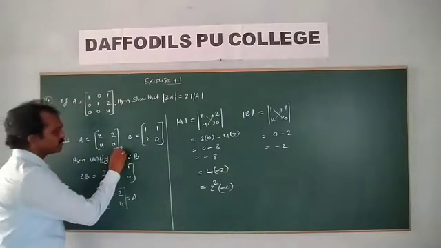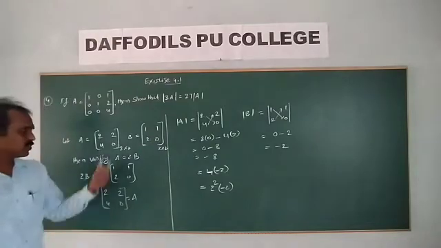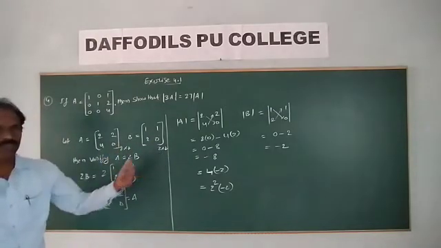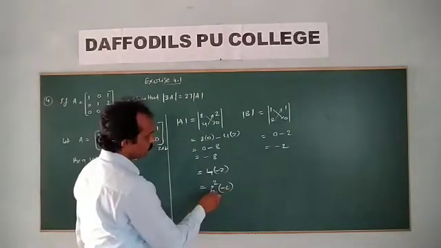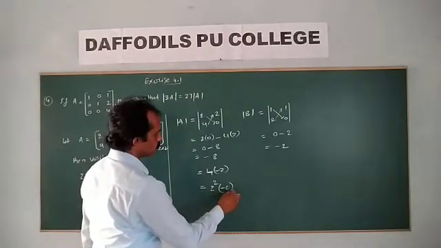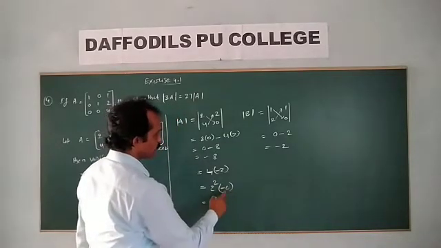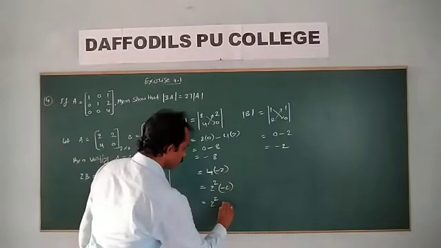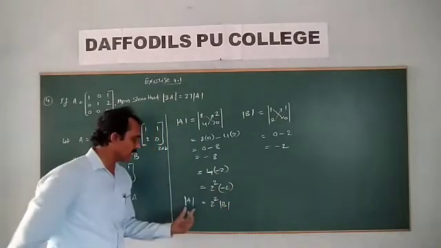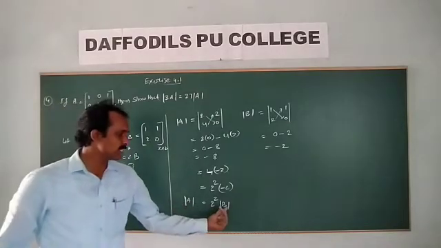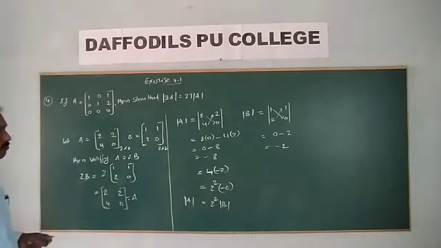Now what is the order of A? Order of A is 2 by 2. Order of B is 2 by 2. Right. So this can be written as that det A is equal to 2 square of minus 2. This value is equal to det B. Therefore, det A is equal to 2 square times det B. Okay.